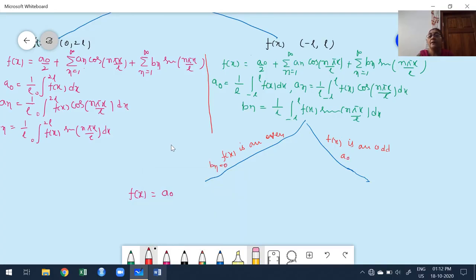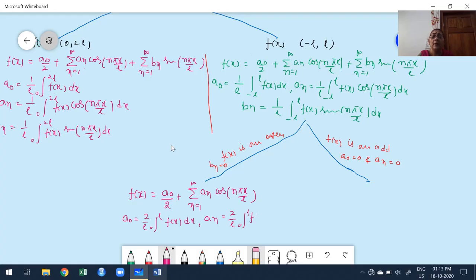We construct the Fourier series as a naught by 2 plus summation n ranging from 1 to infinity an cos of n pi x by L, where a naught is 2 by L, 0 to L, f of x dx, and the an formula is 2 by L, 0 to L, f of x cos of n pi x by L with respect to x.